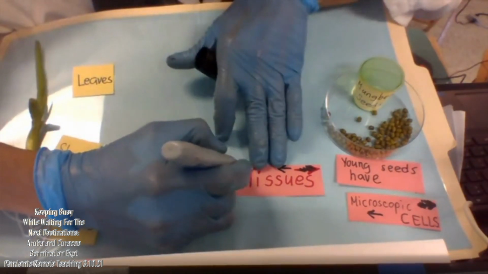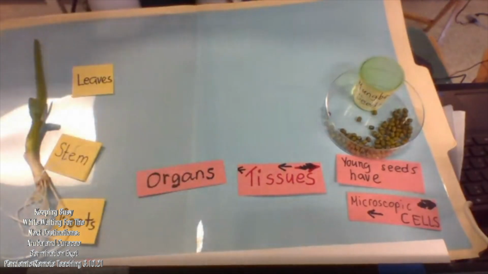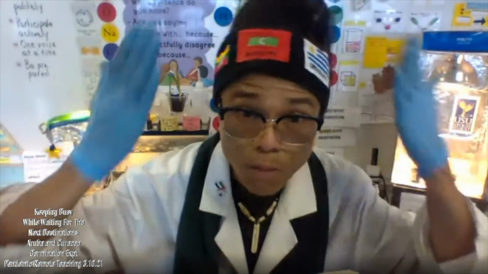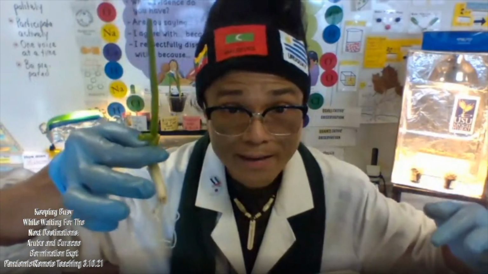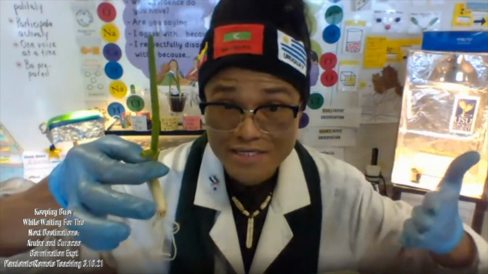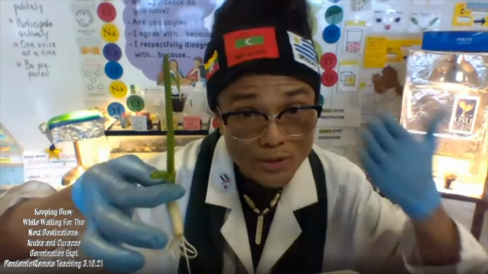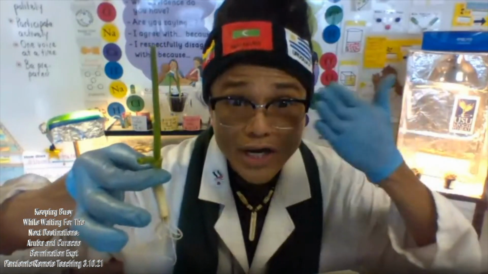I'm going to put an arrow there. Now, this makes the plant grow better. I know I'm using the word plant, no longer seed, because this is already a growing plant. It has all the basic organs.